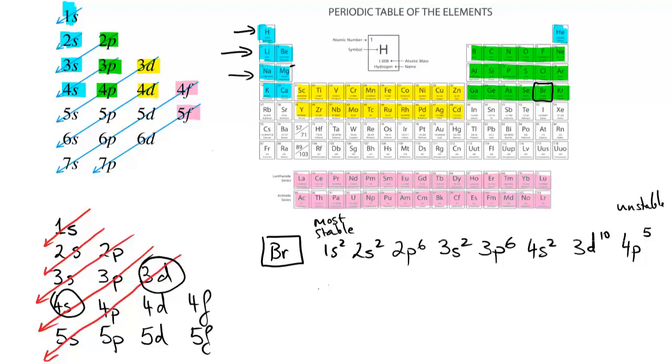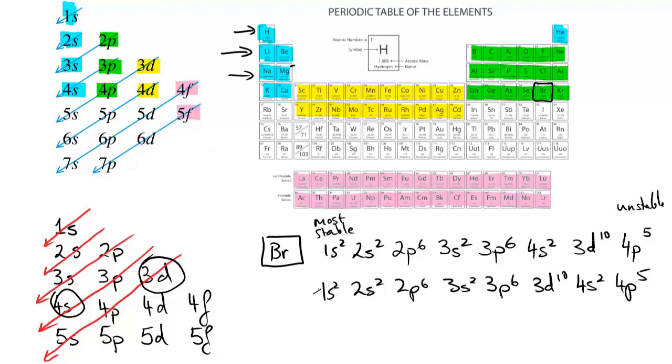The way we conventionally write this is 1s2, 2s2, 2p6, 3s2, 3p6, 3d10, and then we write 4s2 and 4p5. Okay.